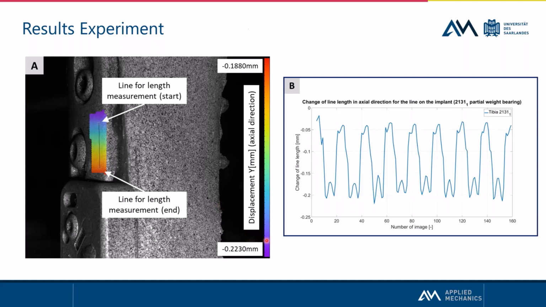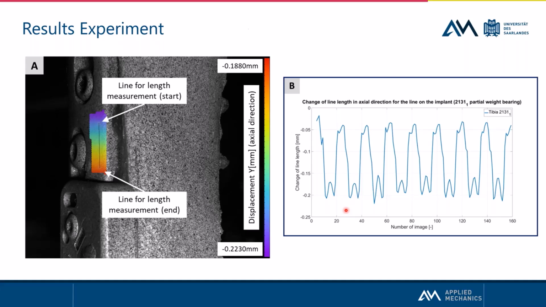You can see on the right side also these typical double hump curves from the gait cycle. And this pattern, as you saw a few slides before as an input parameter, you can see it here also very nicely measured from the cameras on our specimen itself.